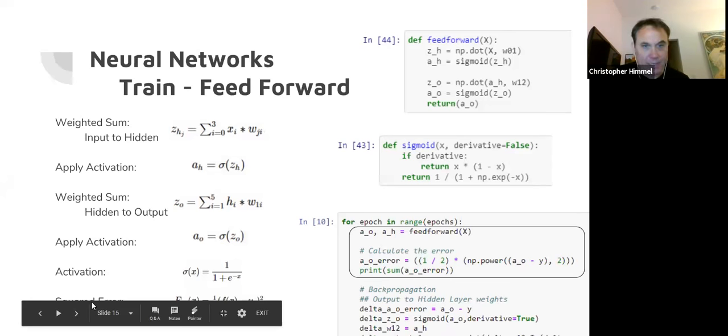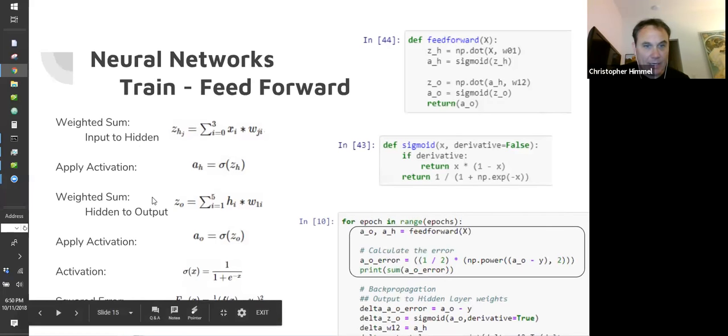Then we have an output, and we have an error on the output, which we went through before. If the final output is different than our y, we subtract that, square it, and multiply by 1/2. We'll talk about that. That gives us our measure of error.